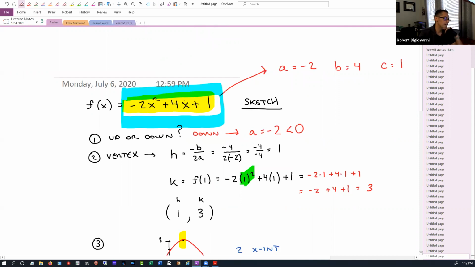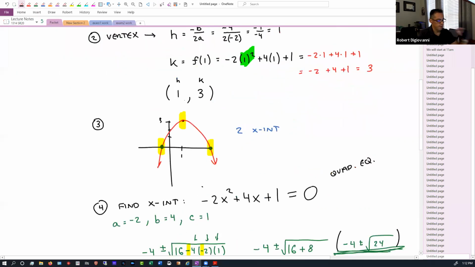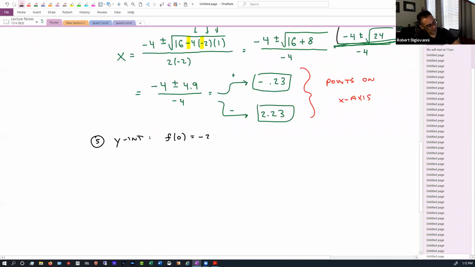Just replace all your x's with zeros. So it'll be -2 times 0 squared plus 4 times 0 plus 1. Basically, everything here with x's goes away. All you're left with is that plus 1 at the end. So your answer is 1. And this is a point on the y-axis. We should only ever have one of those.